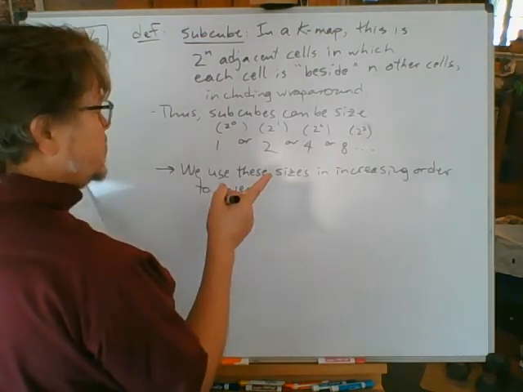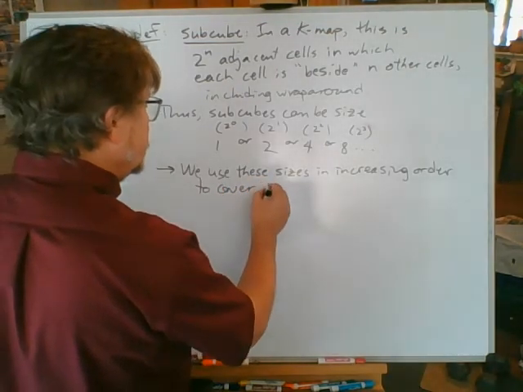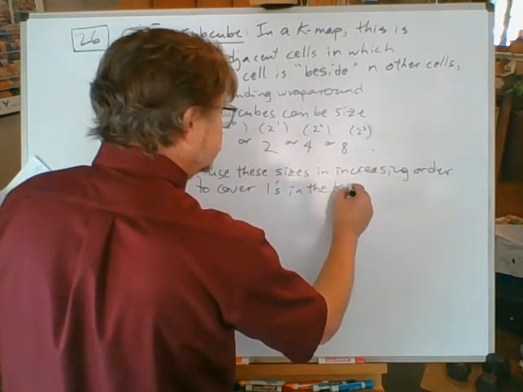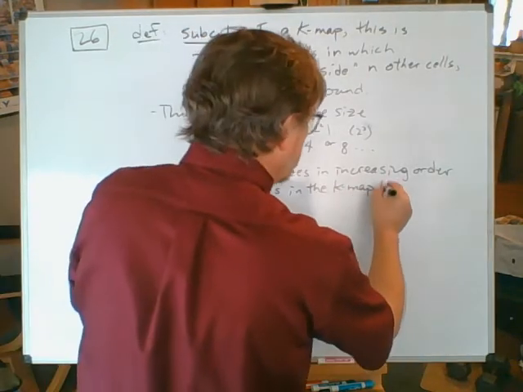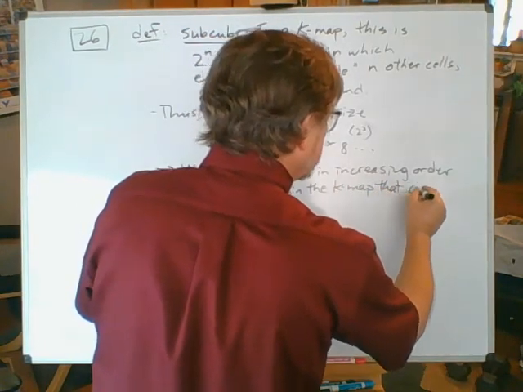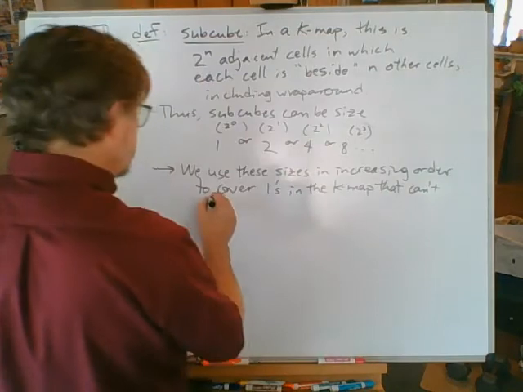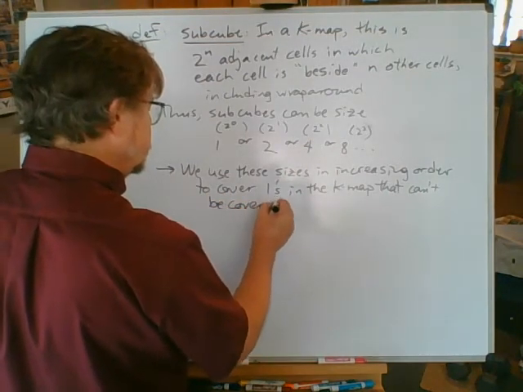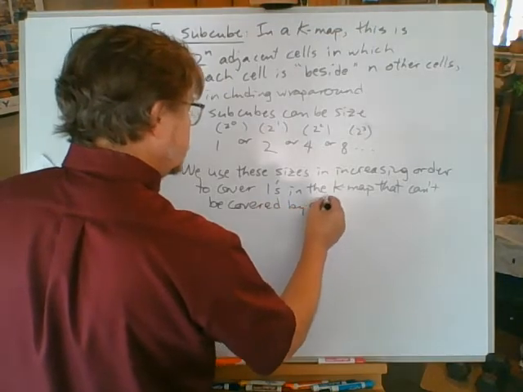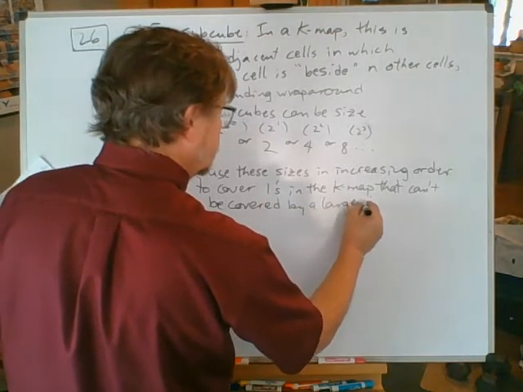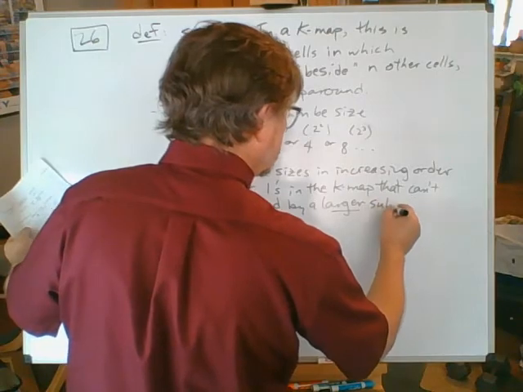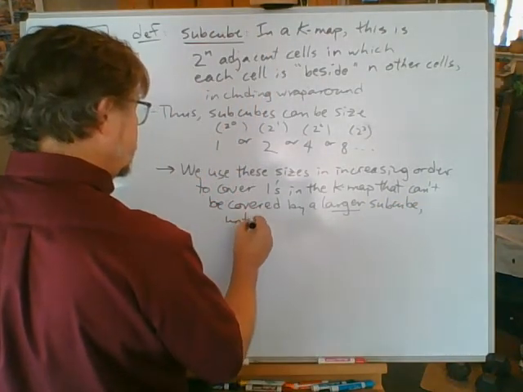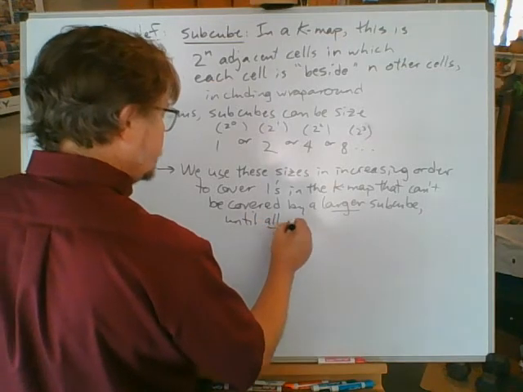We use these sizes in increasing order to cover ones in the K-map that can't be covered by a larger subcube, comma, until all ones are covered.